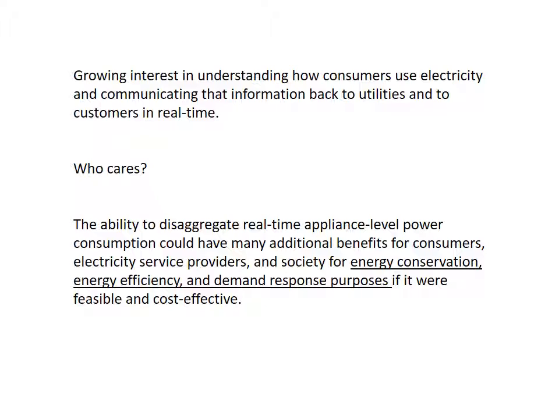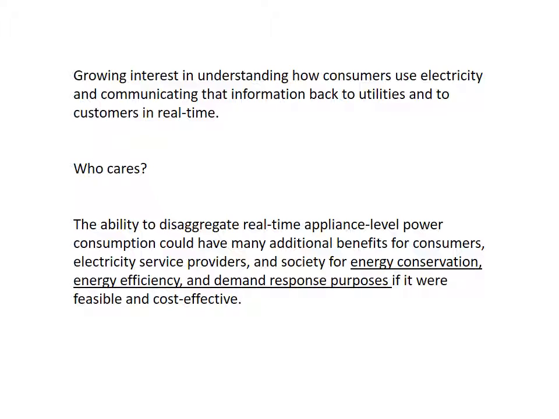For consumers, it would give you an idea. A lot of times our devices are consuming electricity without us knowing it. And so we could make explicit, deliberate decisions about how we program smart devices in order to take advantage of lower electricity prices or other grid-wide benefits.